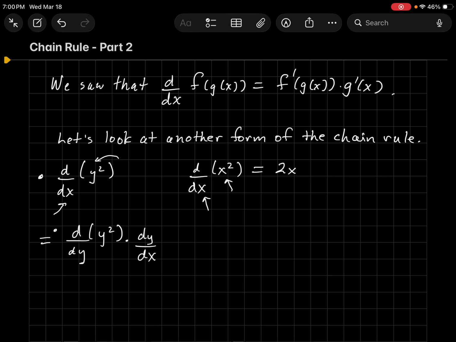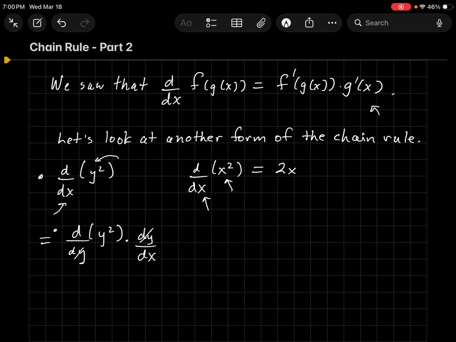Now, this is not a true statement. It's not really multiplying by fractions where I can cancel the dy and the dy out like that. But sometimes it helps me to think of it like that so I can do the problem or set it up while I'm learning the chain rule. Really, this is a result of our top statement.